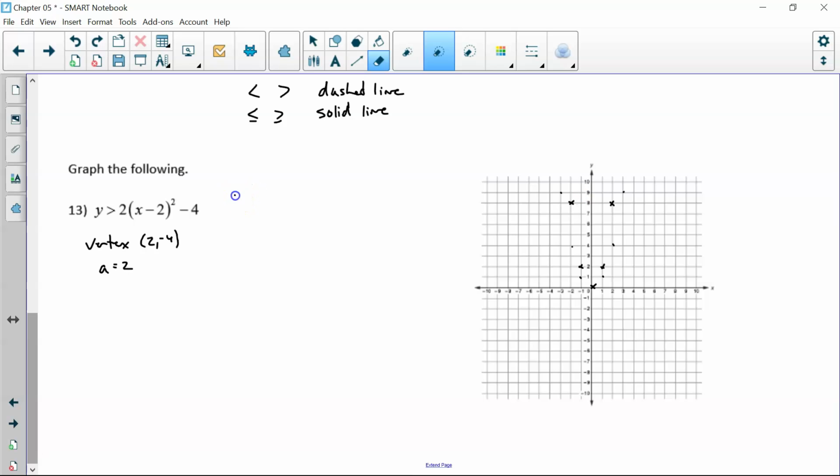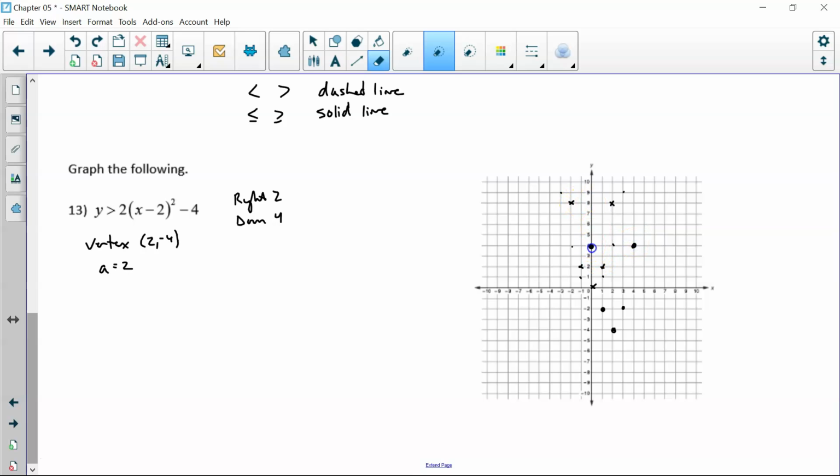Now, we're going to shift to the right 2 and then down 4 because of our H and K. So go to the right 2 and down 4.